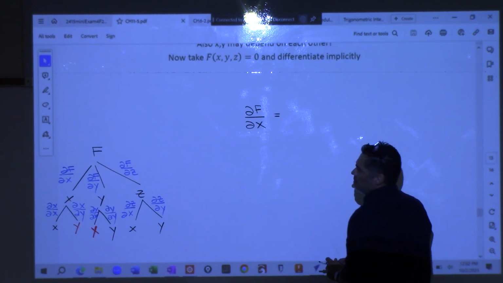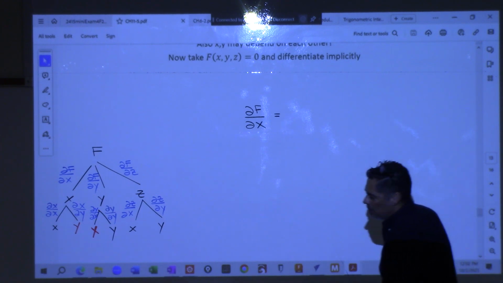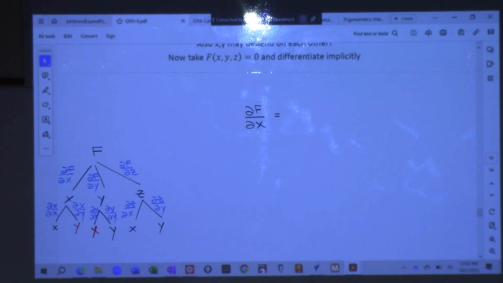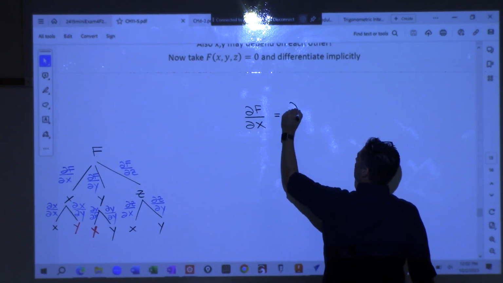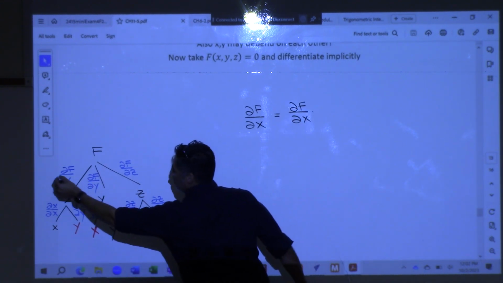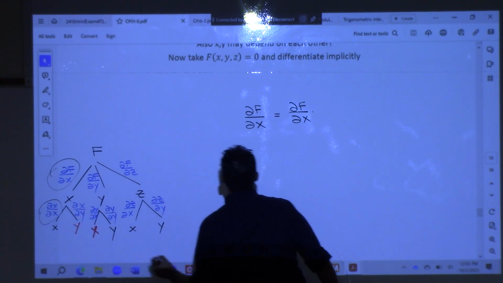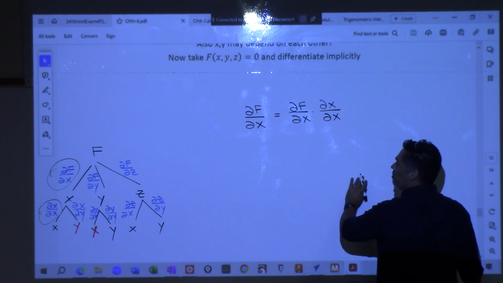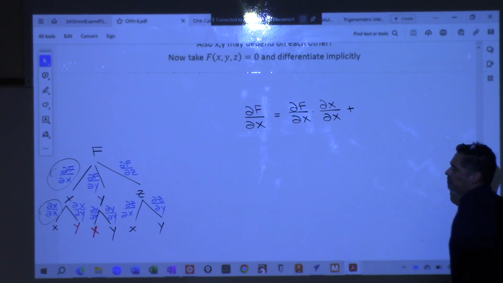And what is that? It's kind of weird. Go down this. Okay? I know that looks weird, okay? Just keep going. Plus?